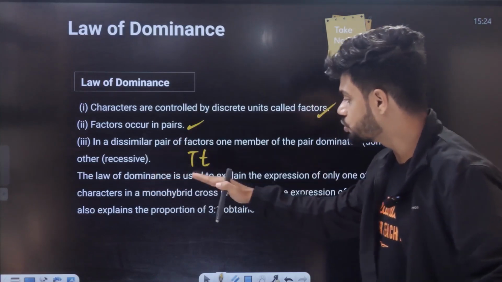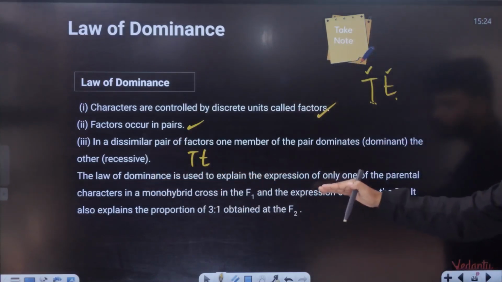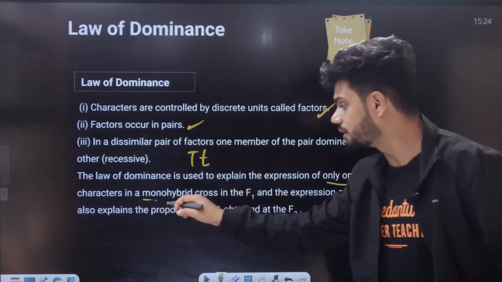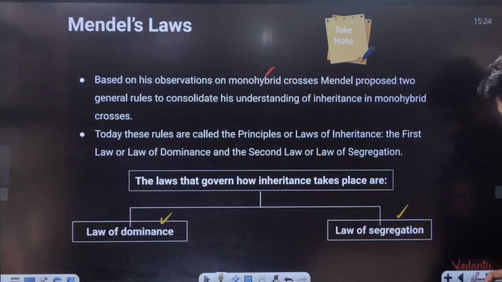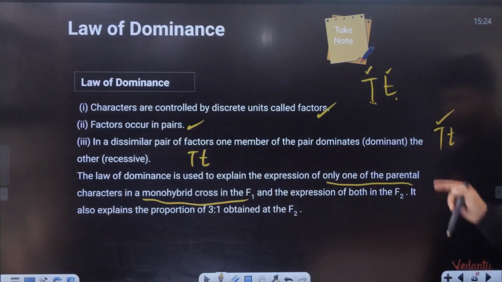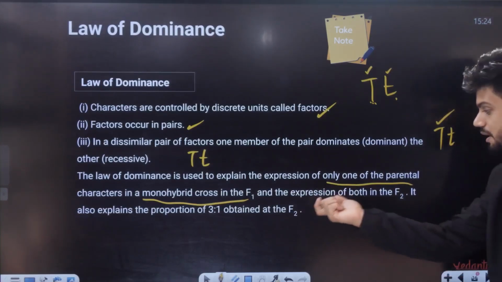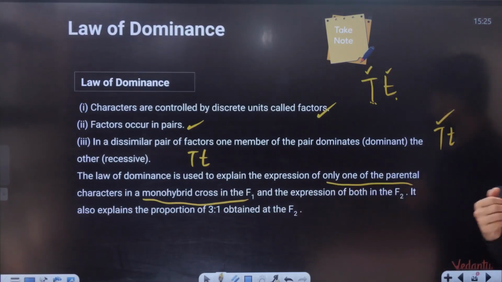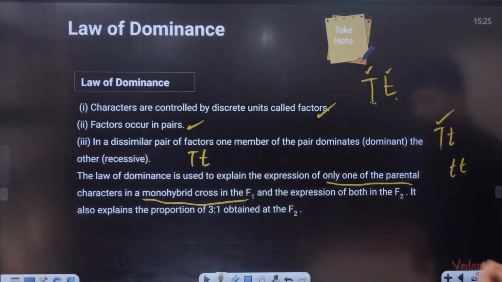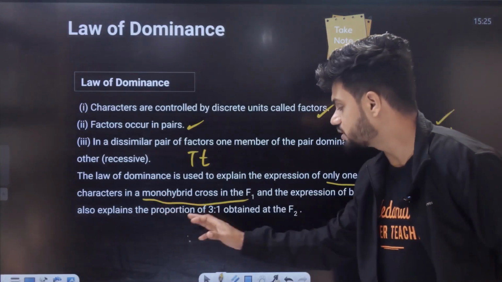Law of dominance is used to explain the expression of only one of the parental characters in a monohybrid cross in the F1. In the F1, we got capital T, small t, and only capital T was expressing. Why? Because this was dominant. And an expression of both in F2. In F2, both are expressing, that is small t was expressing. It also explains the proportion 3:1.